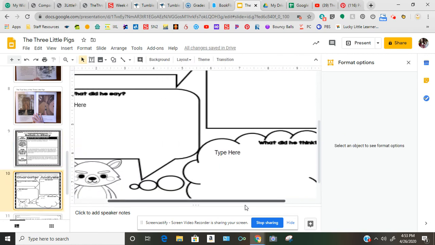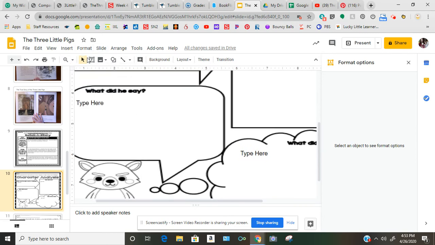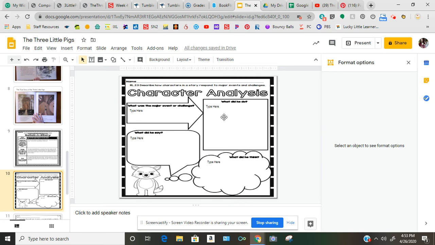And I know this is kind of a long video, but stick with me here. Okay, on this slide, we're going to make it fit again so I can see it. This is a character analysis, and you're going to do this one over the bad guy in your story, or the villain. And in this case, it has a wolf down here. In my case, my bad guy was not a wolf. It was an eagle.